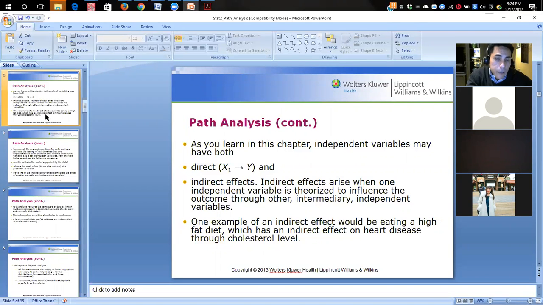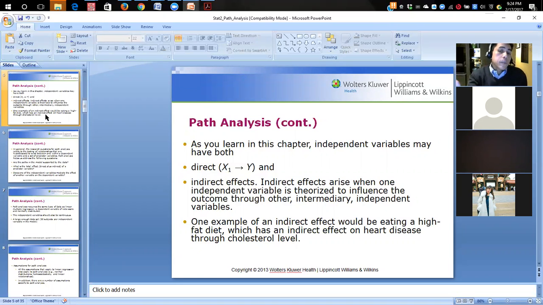And in a little bit, the slides will show you the mathematics behind the calculation of what we call the total effect, because that's what path analysis is all about. It is answering the researcher's question of what is the total effect of the independent variable leading to the dependent variable. So this is a very important concept to remember in path analysis: direct, indirect effects, and then total effects.